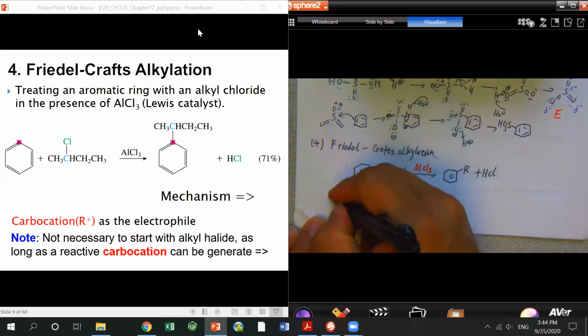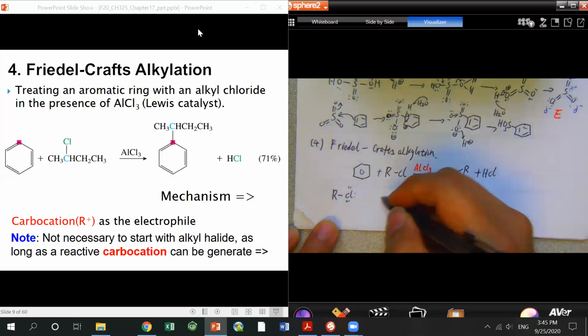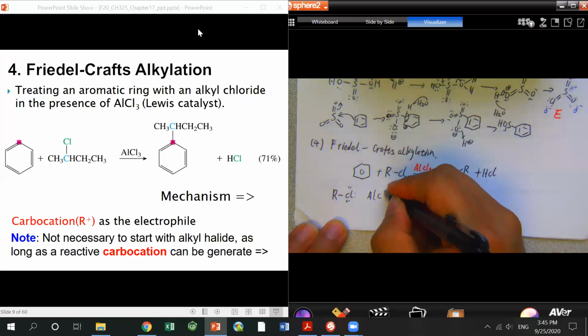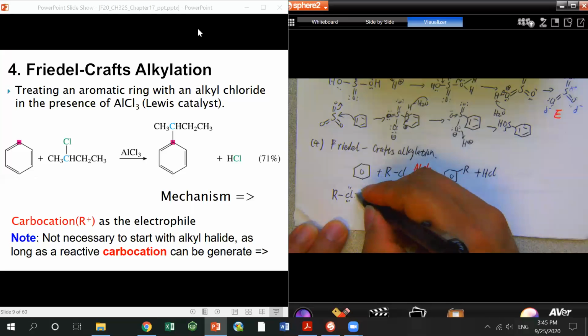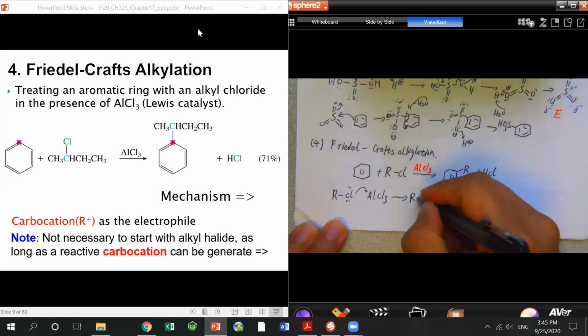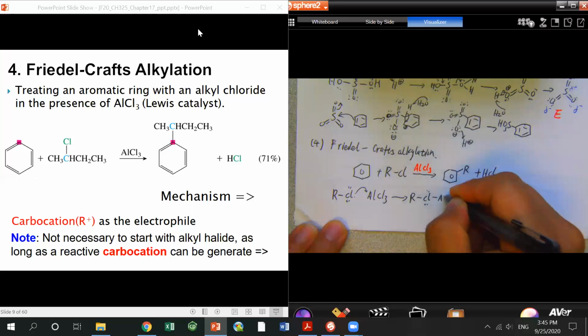So we have an alkyl chloride, and then it reacts with aluminum chloride. Aluminum chloride acts as a Lewis acid this time. There's an empty octet on the aluminum, which can accept electrons from the chloride.